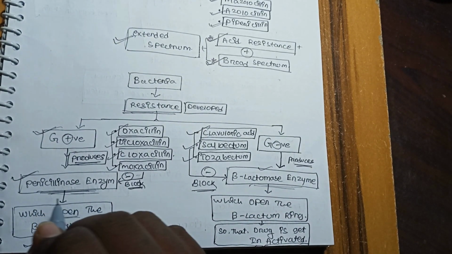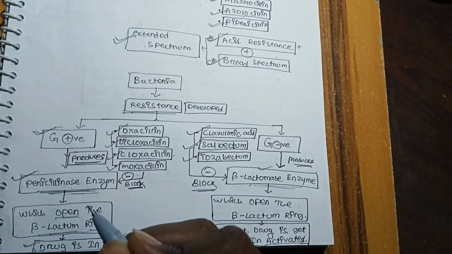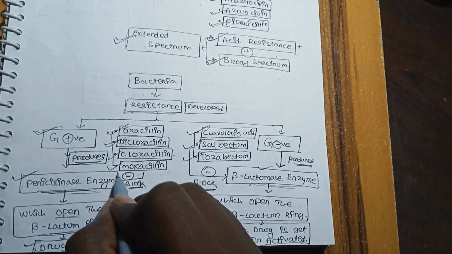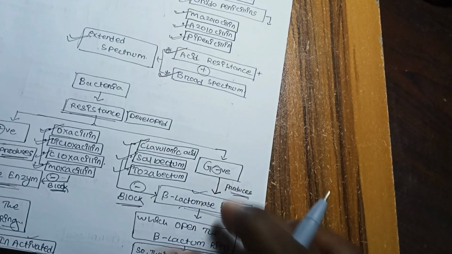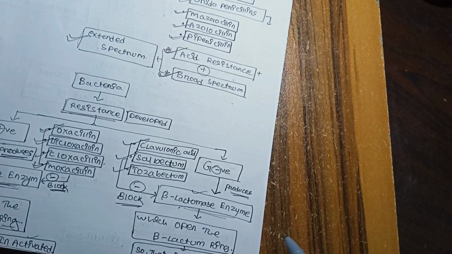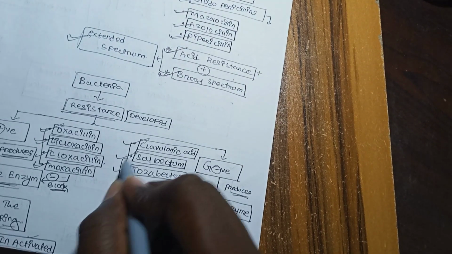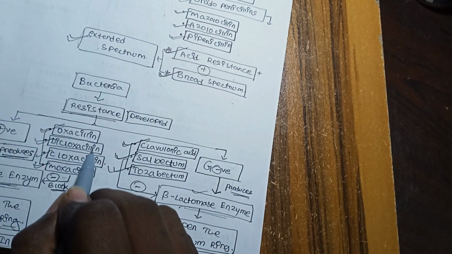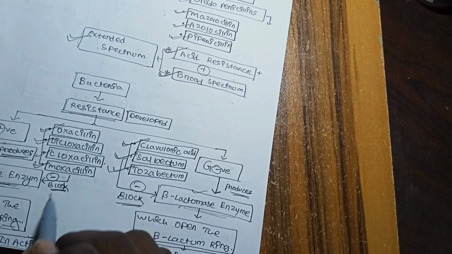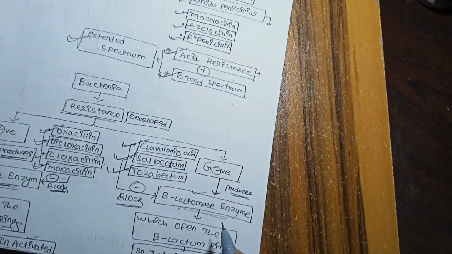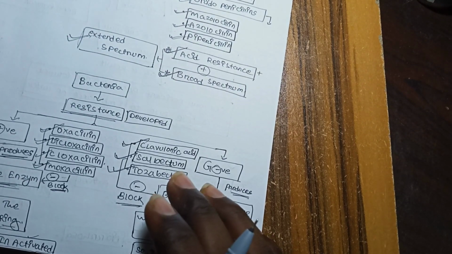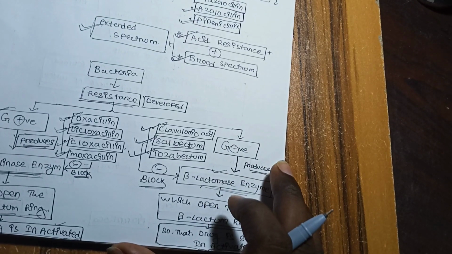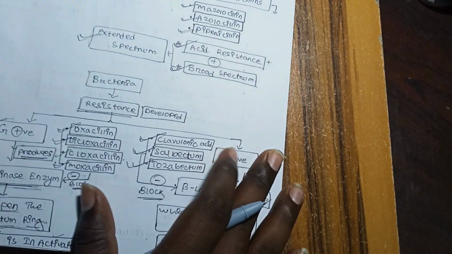They developed penicillinase inhibitor drugs, that is oxacillin, cloxacillin, dicloxacillin and flucloxacillin, and similarly developed beta-lactamase enzyme inhibitors, that is clavulanic acid, sulbactam and tazobactam. These drugs are given in combination with synthetic penicillins so that the bacteria are completely killed.